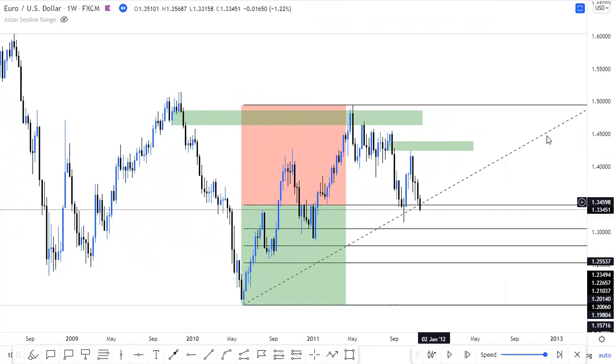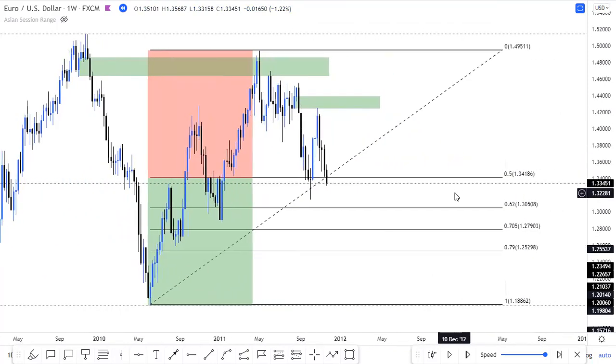So what this actually means is that we are above the 50%, and every single time price is above the 50% in a bearish order flow, we can be looking for our setup to go short.